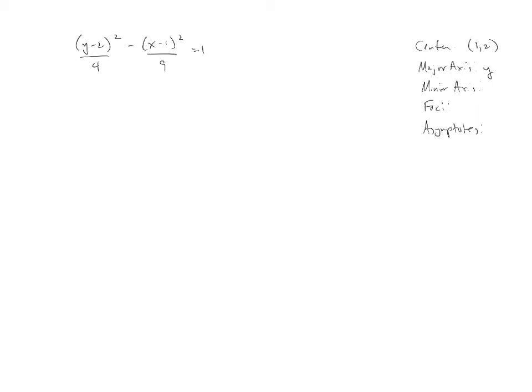As I just mentioned, since the y term is positive, that's the major axis, therefore the minor has to be the x. Now, because y is major, the number underneath here is your a squared, which means that a would equal 2. This is b squared, and b would equal 3. So I'll start construction of the graph.